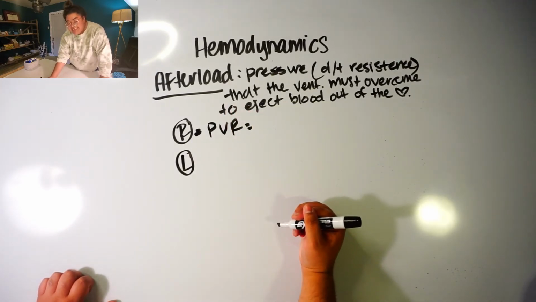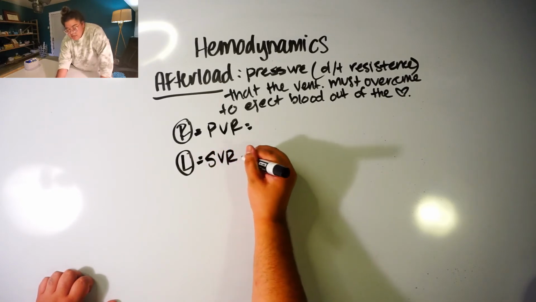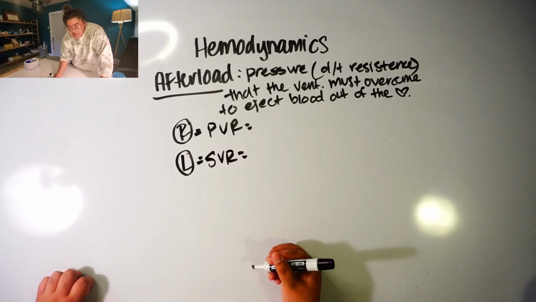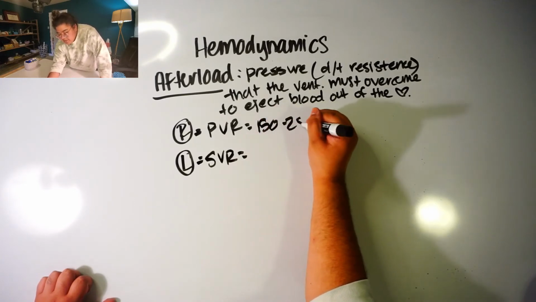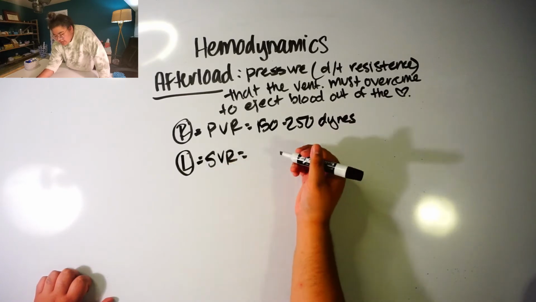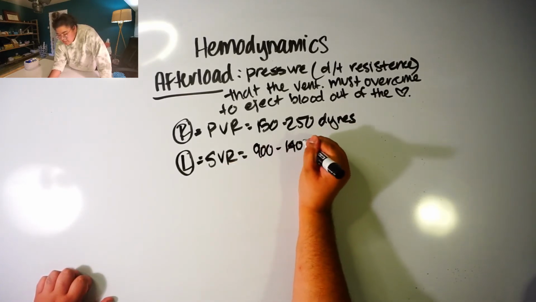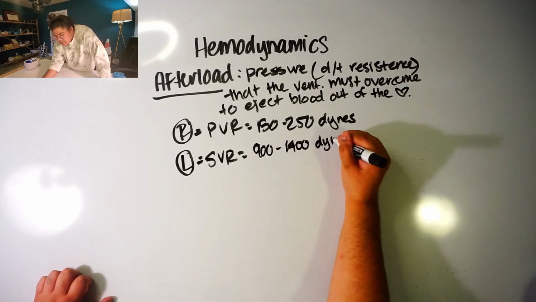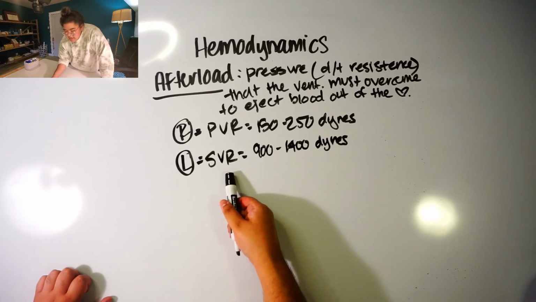This resistance is a lot less than that of systemic vascular resistance, which is the measurement for afterload on the left side. So PVR normal is going to be around 150 to 250 dynes, and SVR normal is going to be around 900 to 1400 dynes. Okay, so that's how we measure it.